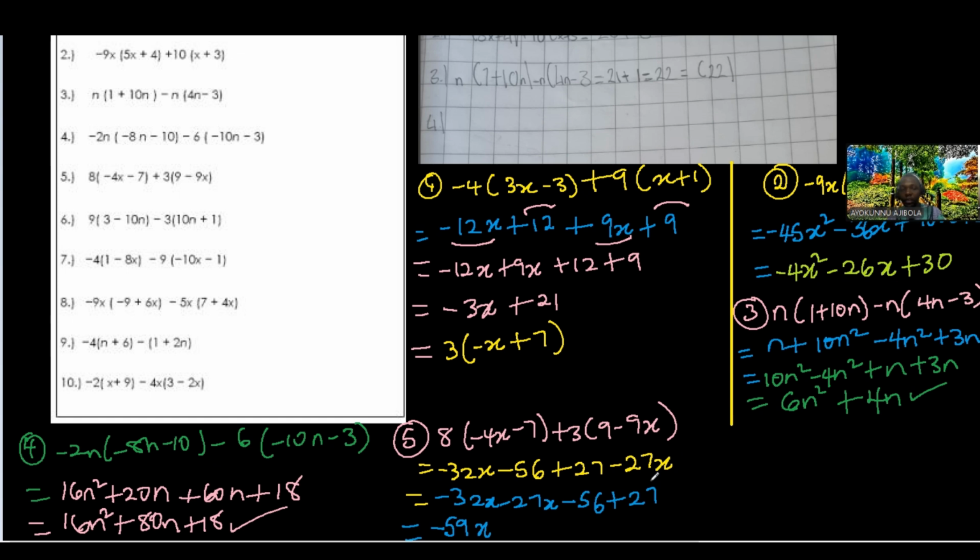Because 56 is negative, right? Have you gotten your answer? 56 is negative and 27 is positive.